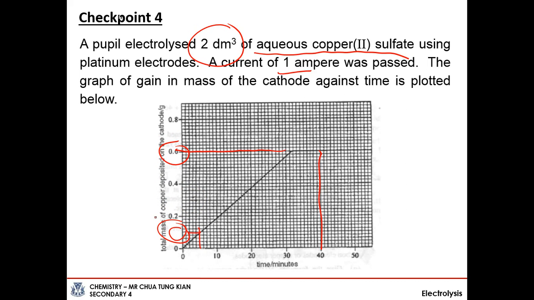As time progresses, the color of the solution will fade and fade until this point in time, which is about 32 minutes. Then the intensity of the color will remain the same because no additional Cu2+ ions have been discharged as copper. The crucial part here is recognizing that this is 0.6 grams of copper that has been deposited.